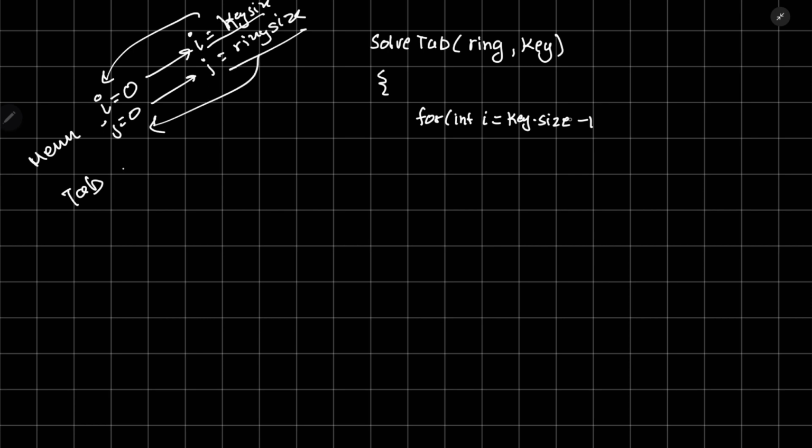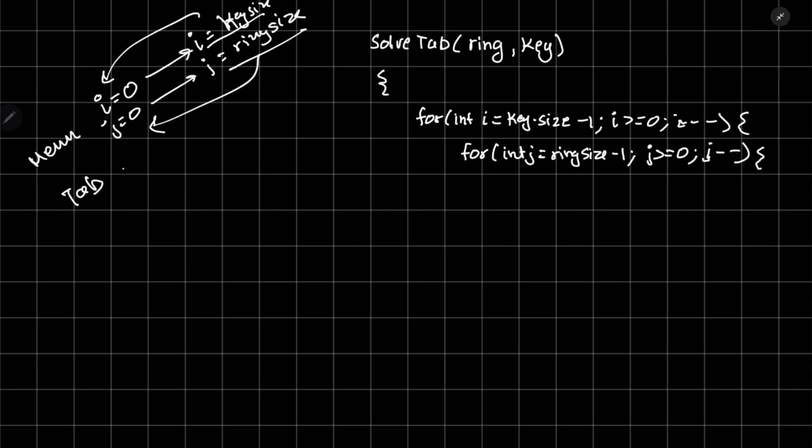So for I equal to key dot size minus 1, and then I greater than or equal to 0 and I minus minus, and in that we will traverse j for int j equal to ring dot size minus 1, and j greater than or equal to 0 and j minus minus.